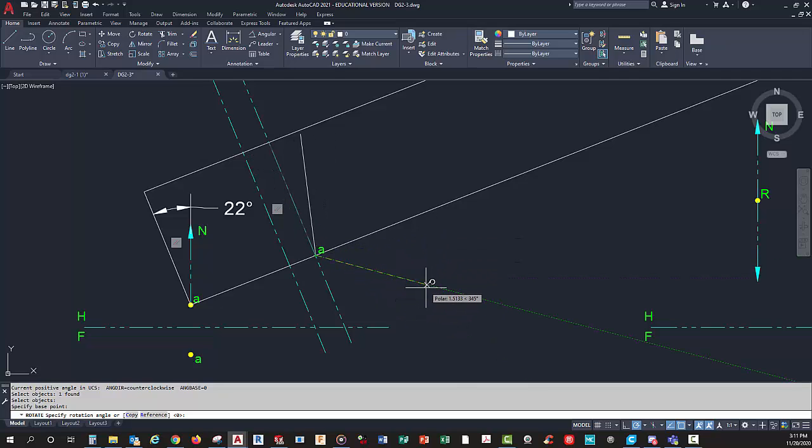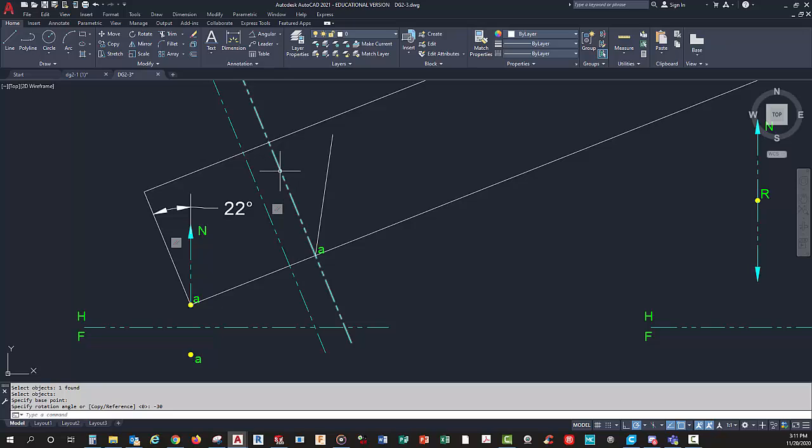Now see, I don't know what angle it is that I need to rotate. Well, yeah, I do actually. I was going to try and do something spiffy, but you know what? All I need to know is how far to rotate it, right? Well, I need to go 30 degrees in this direction, which in AutoCAD would be negative. So negative 30. Here I was going to try to be all cool, use a reference, make it look all neat. I didn't need to do that.